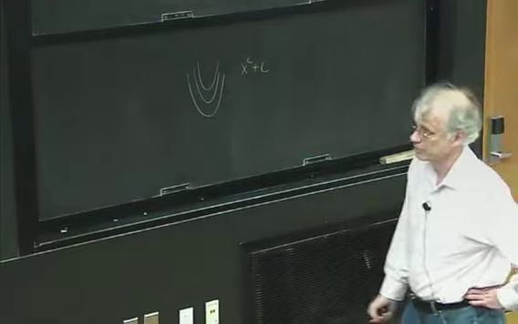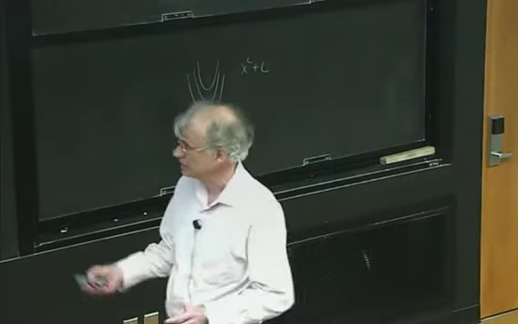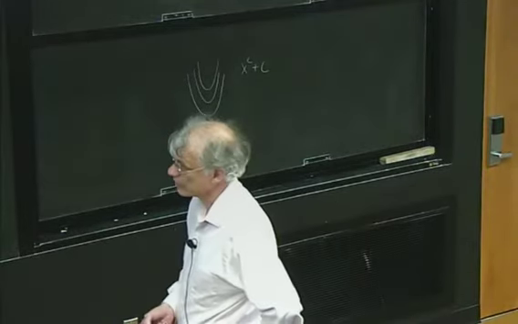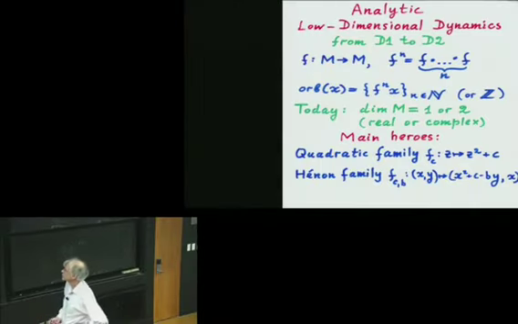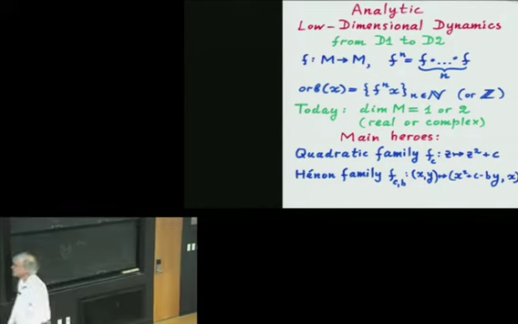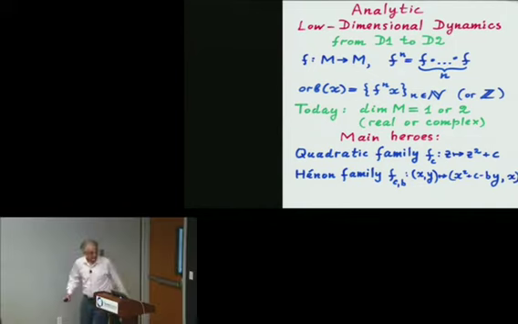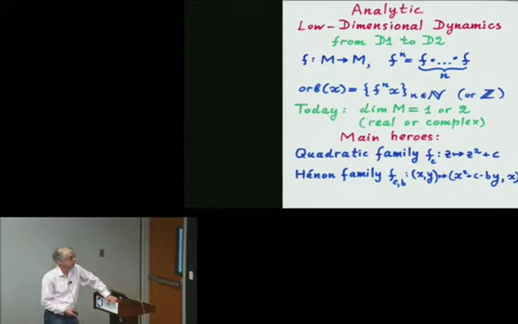It is a dynamical picture of the quadratic family, and I will try to tell you how to understand this picture and some other related pictures. So what is the meaning of the dynamical picture? What a dynamical system is for us today will be just a map from some manifold M to itself. So f to the nth will be the n-fold iterate.